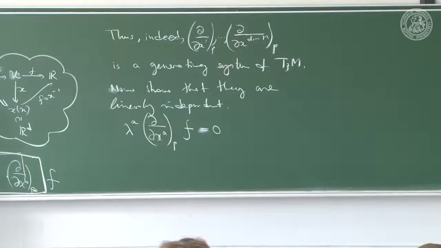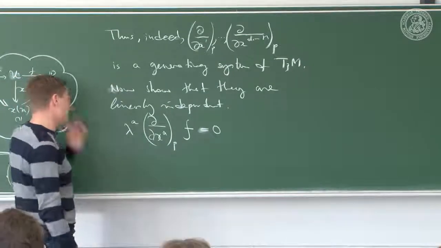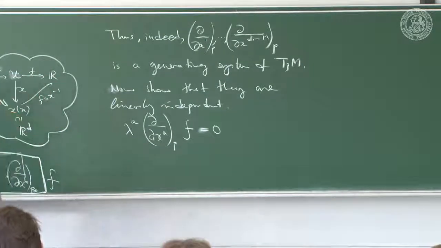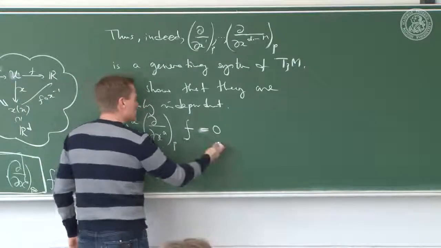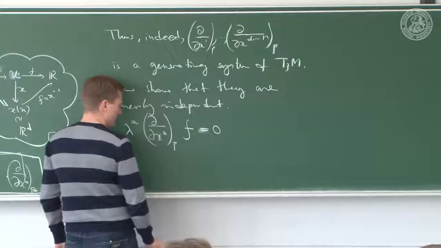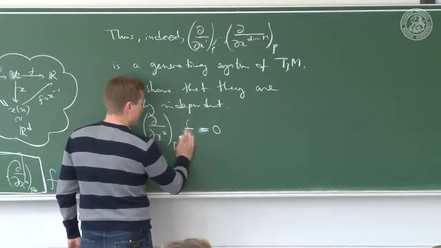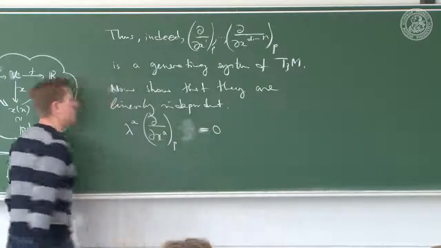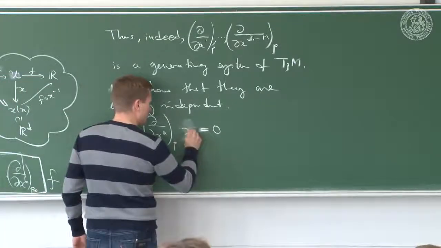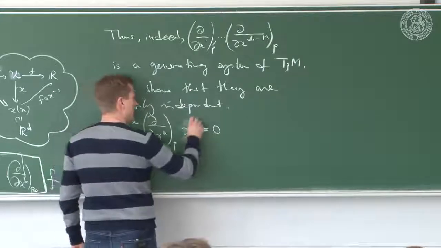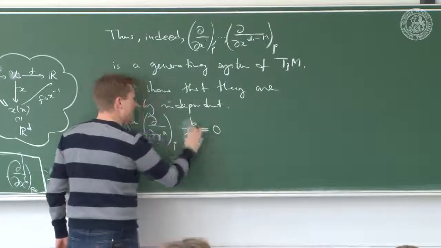That's how you get a good handle on this guy. So in order to show linear independence, I now let it act on a number of very specific functions. I will let them act on the functions x^b.